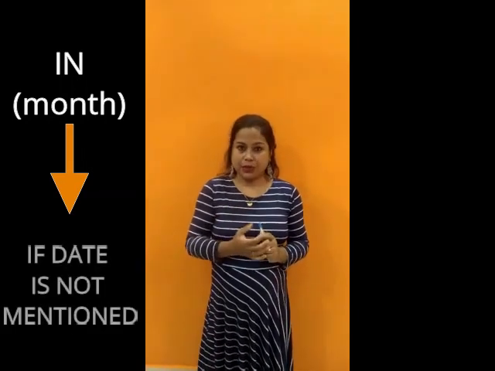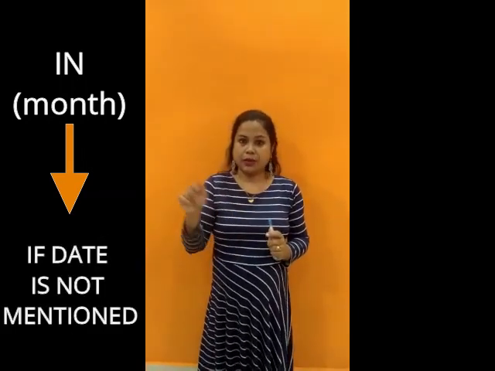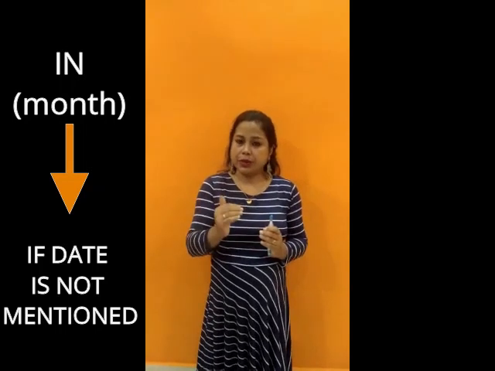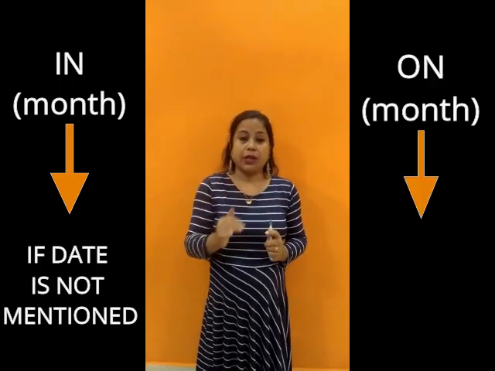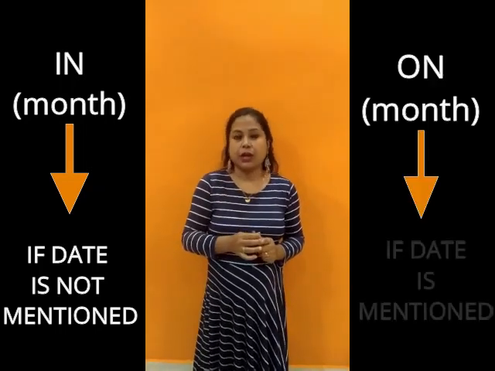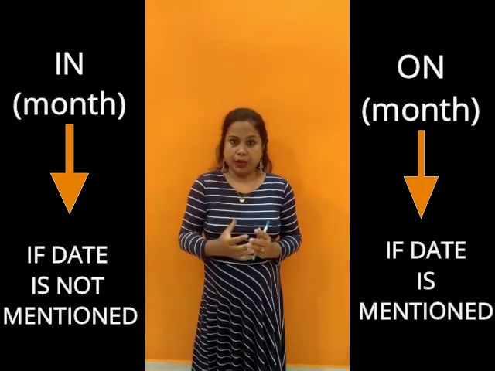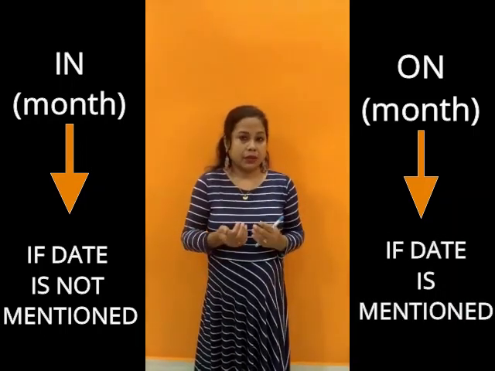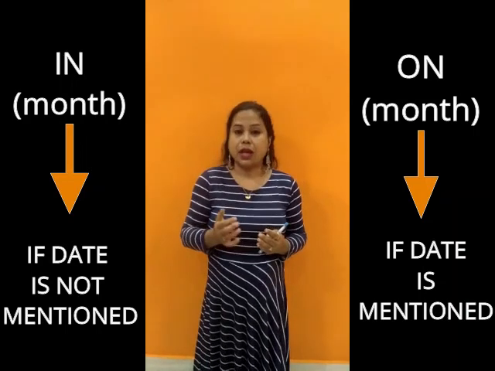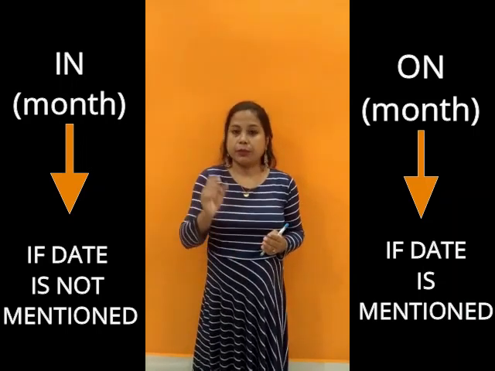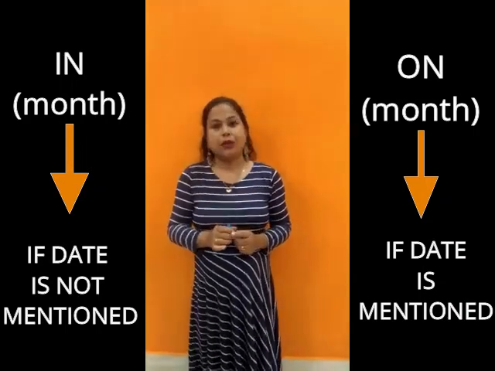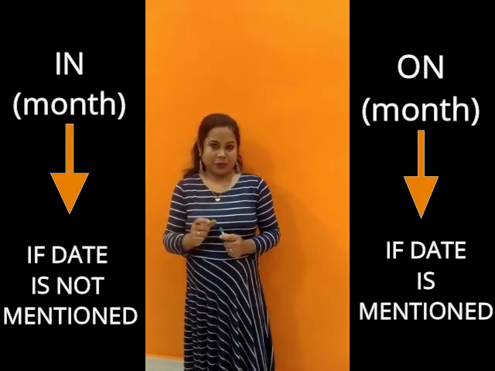If the date is not mentioned, we use the preposition in with the whole month. Our school reopens in August. But if the date is mentioned, then we have to use the preposition on. Suppose my birthday is on 14 August.